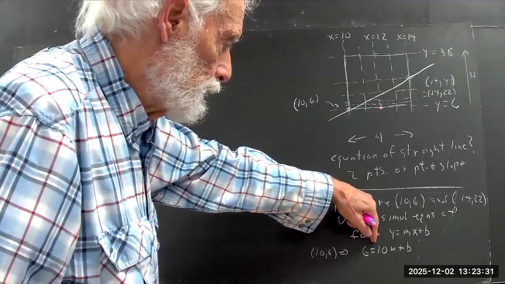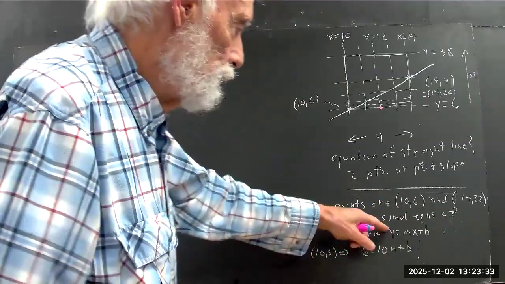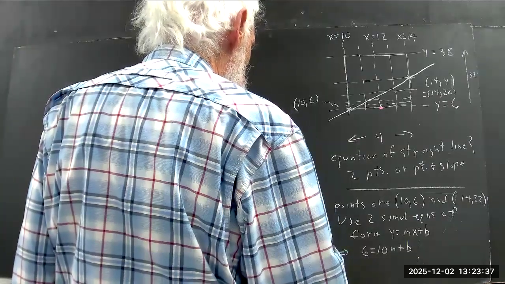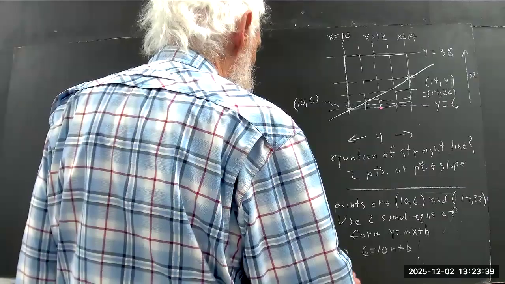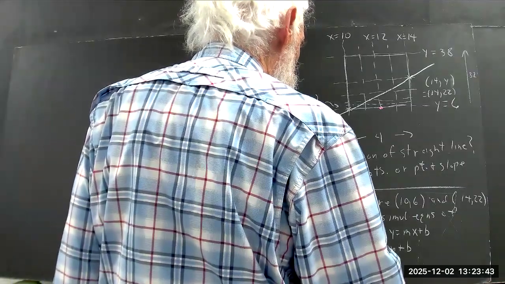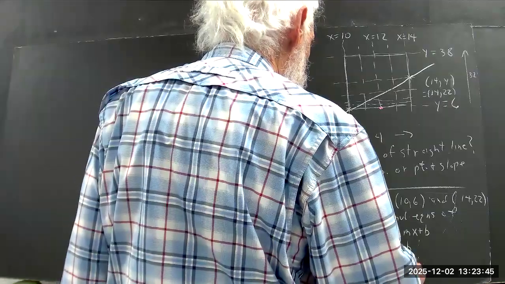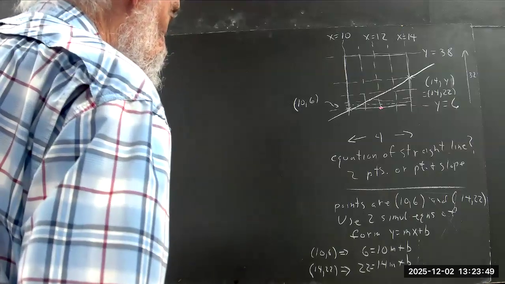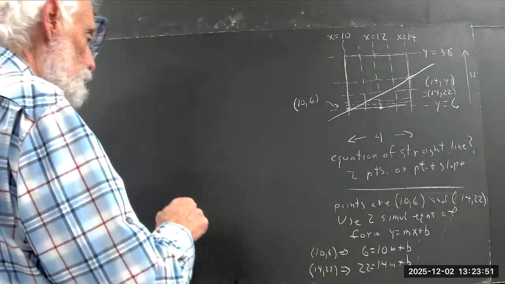So we're going to get 6 equals 10m plus b using this form. And the point 14, 22 gives us 22 equals 14m plus b. So we want to solve for m and b.